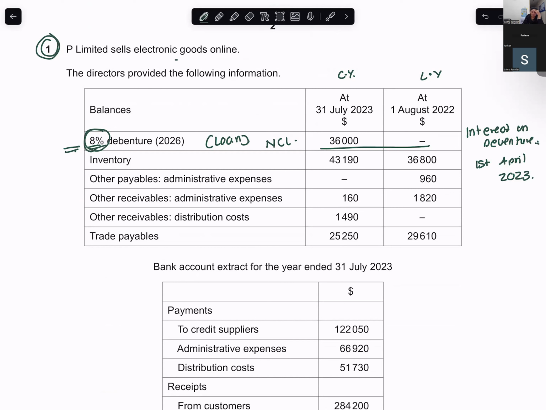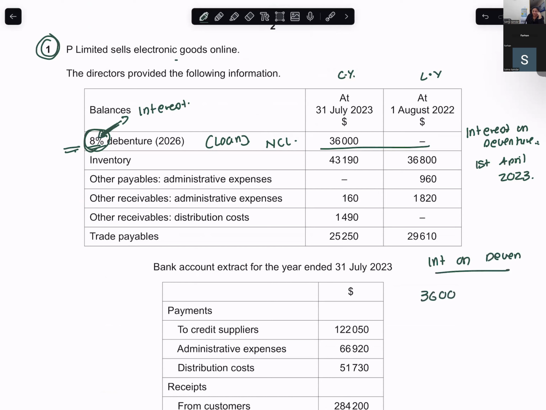So what else is there? The 8%, it's the interest. So you will give interest on debentures. How much? 36,000 into 8%. Will you give for the full year?